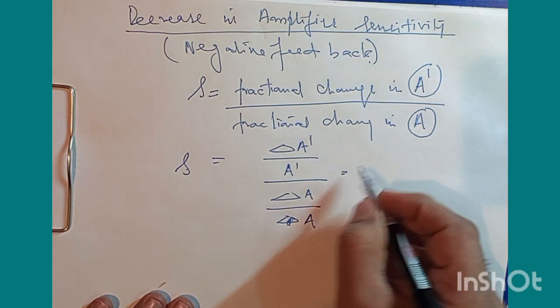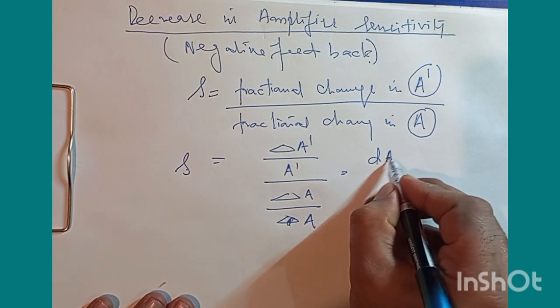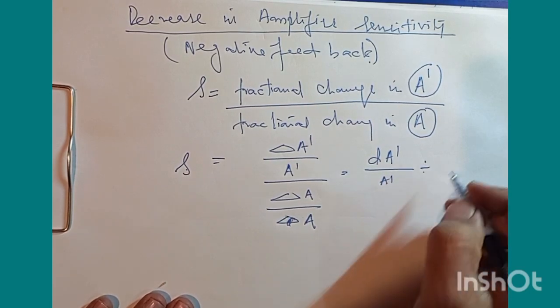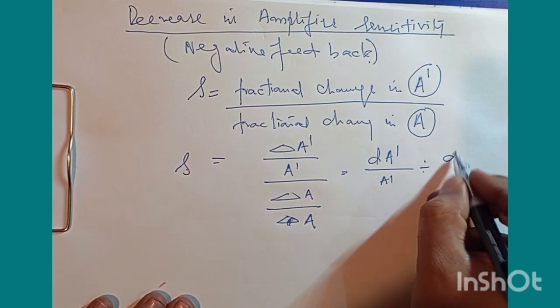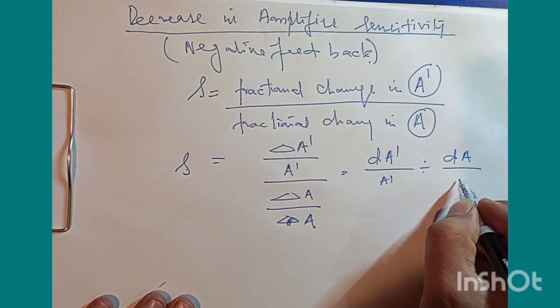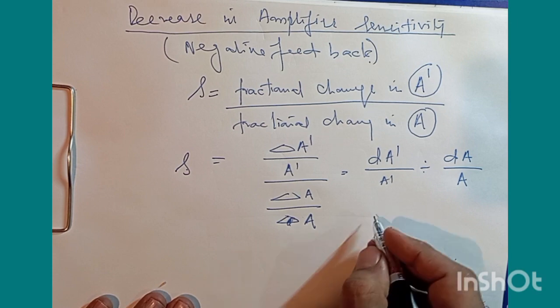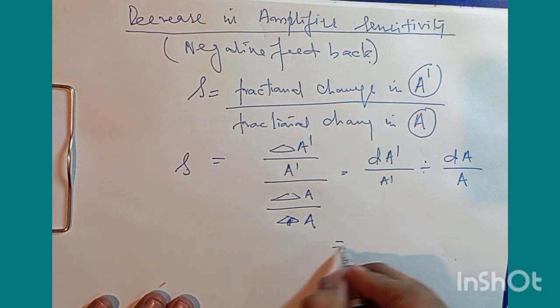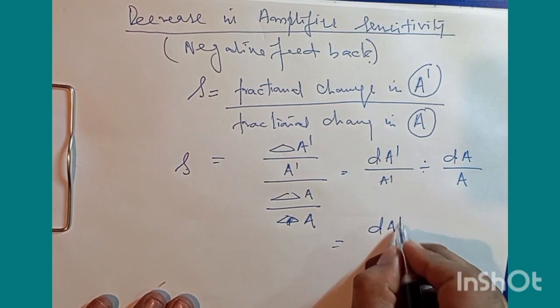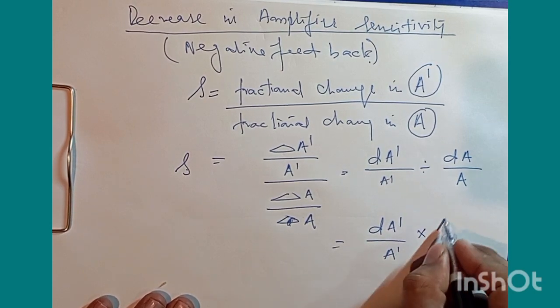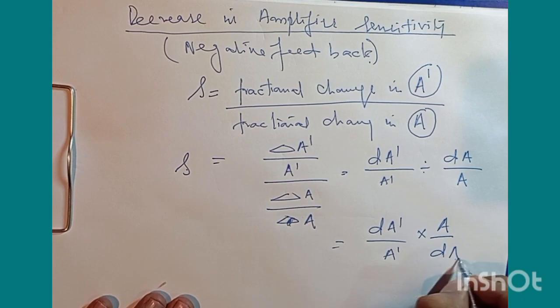Now, to make it simple, I can go with dA dash by A dash divided by dA by A. So from here, this is dA dash by A dash, and this is A by dA.